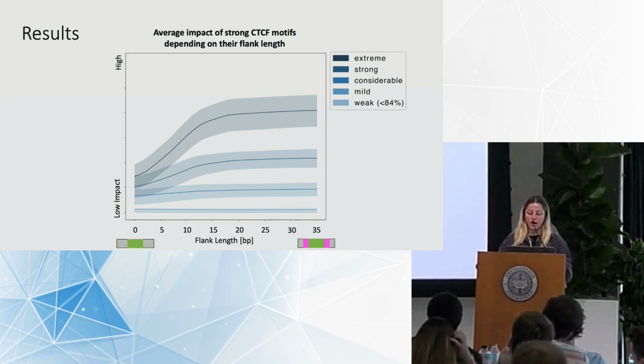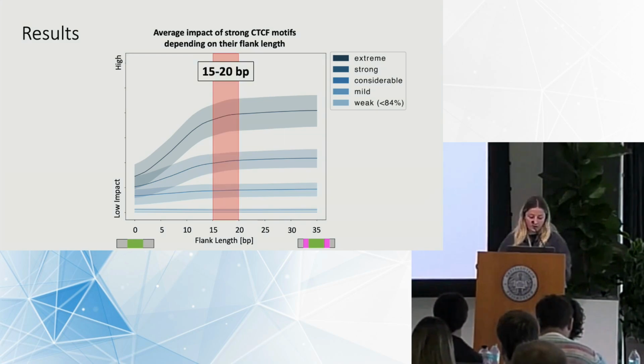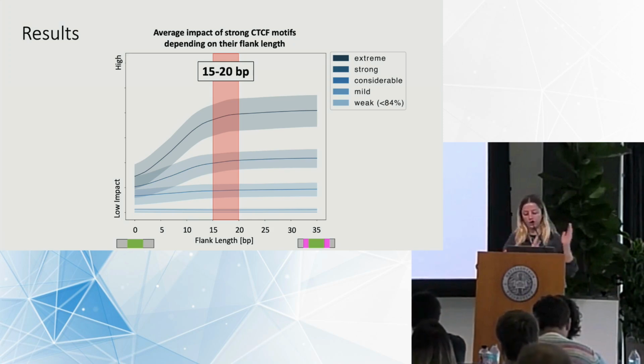Please note that a huge percentage of the sites that I tested are very weak, and the impact, as predicted by Akita, is negligible. The impact saturates around 15-20 bp of flanks. The flank length is symmetrical, so it's 15, the 19 bp core, and 15 again on the other side.